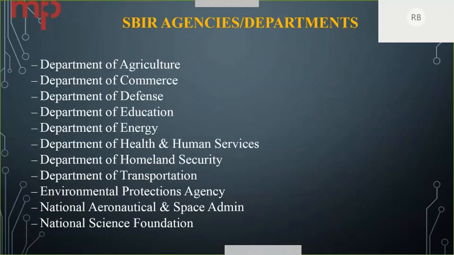But the Department of Commerce also has NOAA as an agency, and it has NIST as an agency. But they're not part of the 11 agencies that make a contribution to the SBIR and STTR programs.